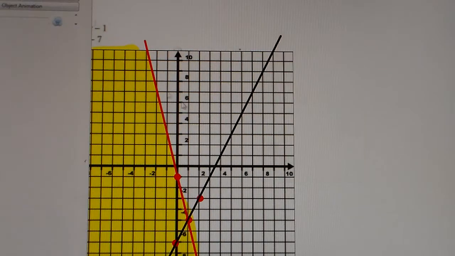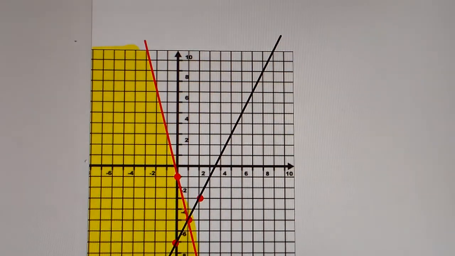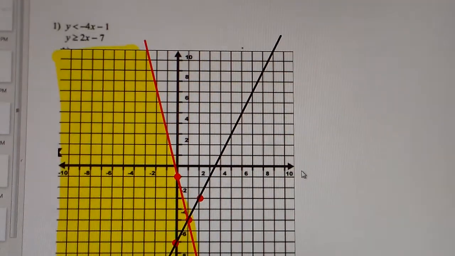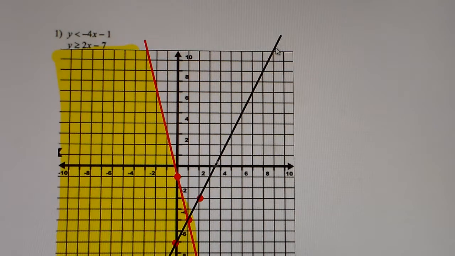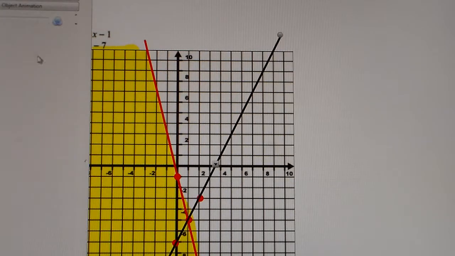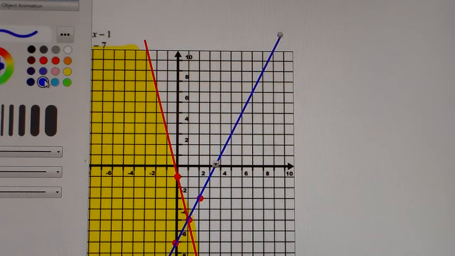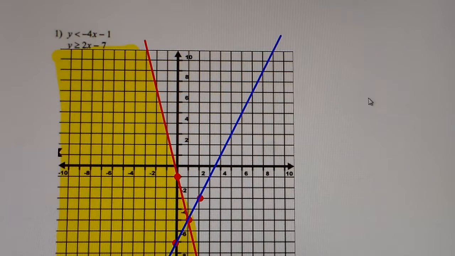I'll make it nice and blue. So this blue line is y is greater than or equal to 2x minus 7.